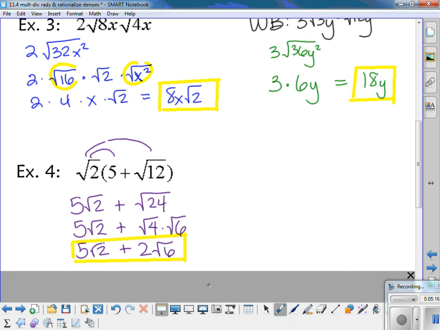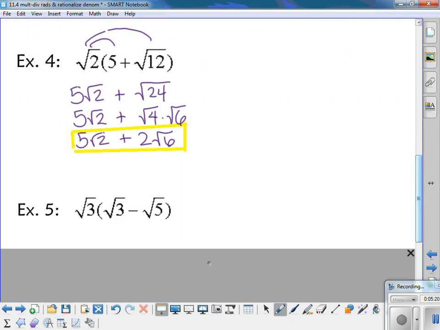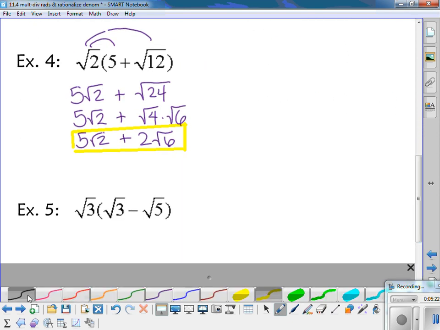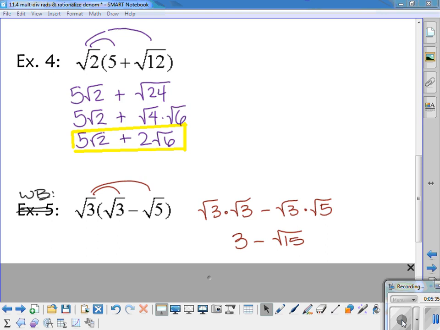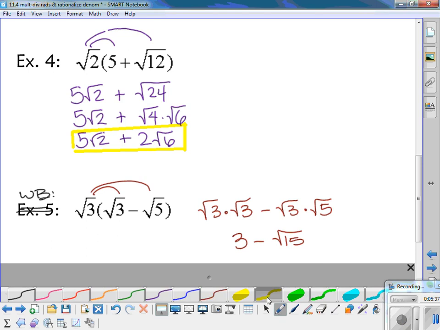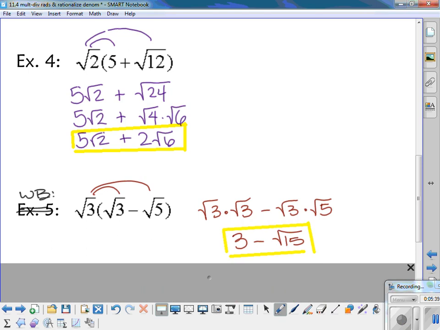Any questions? All right, I'm going to have you guys do this one on your whiteboards. All right, so you should have gotten 3 minus the square root of 15.